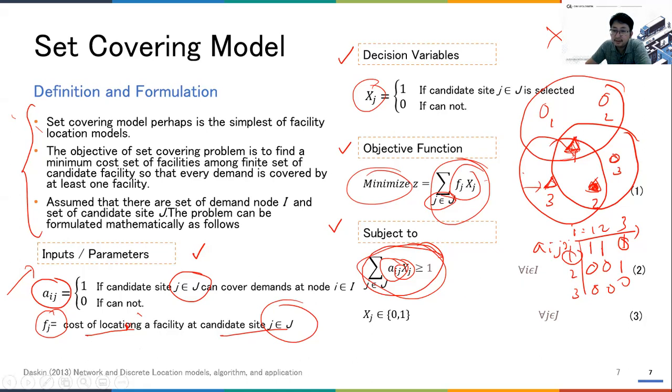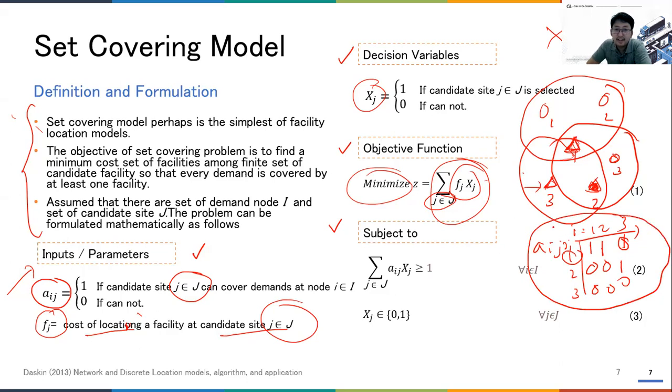So in this constraint, Aij is this matrix, right? Whether facility J is going to cover node I or not.